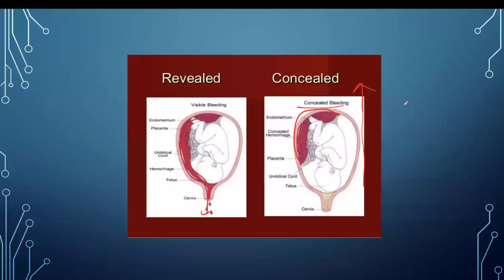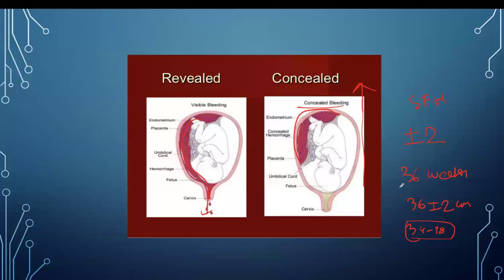Ideally, the symphysiofundal height, or the height of the uterus, should be plus or minus 2 of the gestational age, which means if a patient is 36 weeks pregnant, their uterine size will be 36 plus or minus 2 centimeters. So from 34 to 38, that's normal.